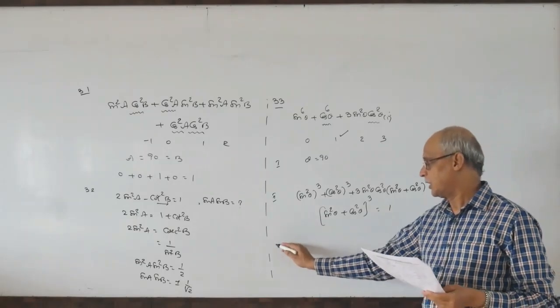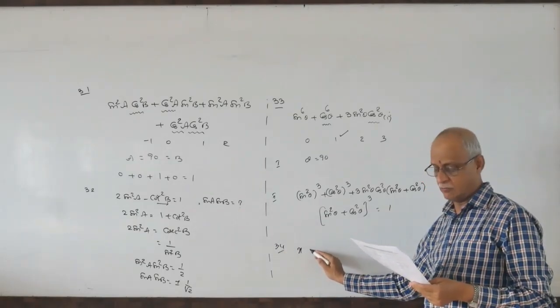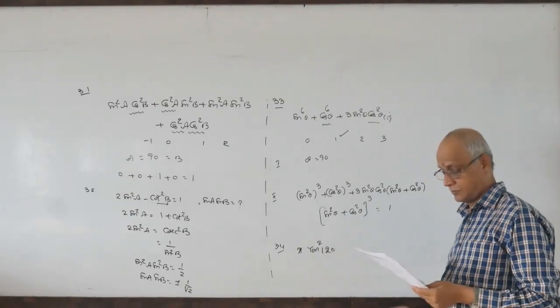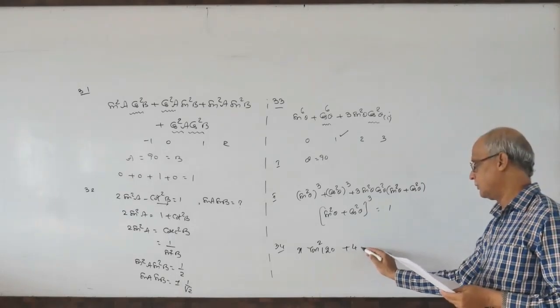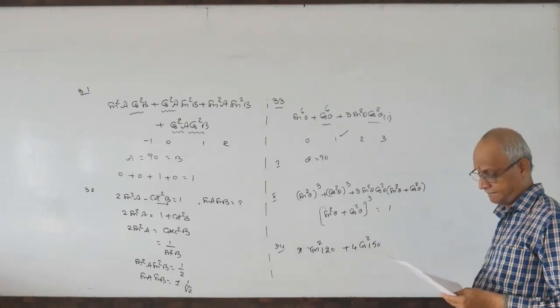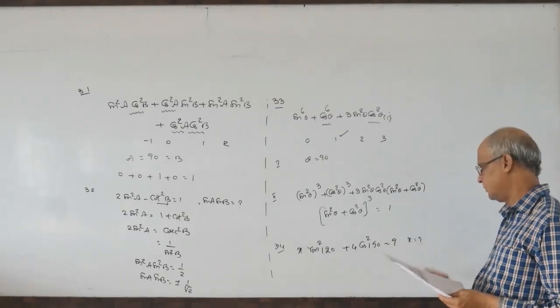Next is also a very ordinary problem. X into tan square 120 plus 4 cos square 150 equals 9. Find the x value. Simple problem.